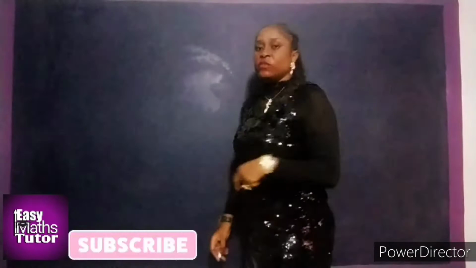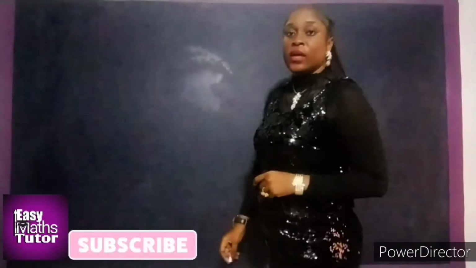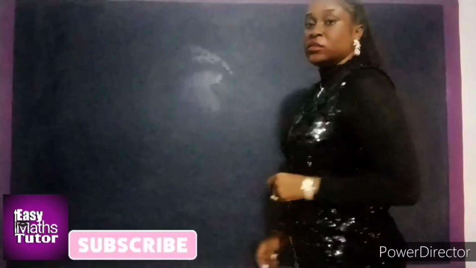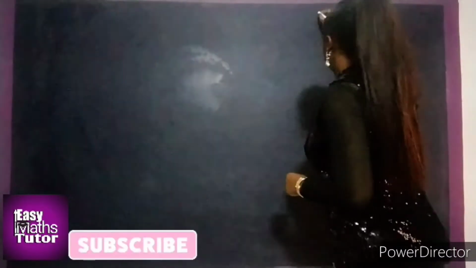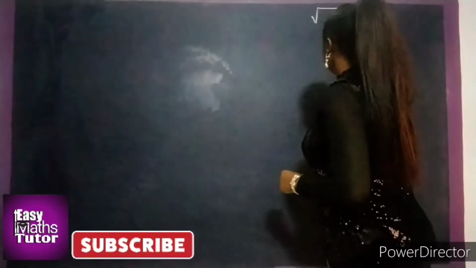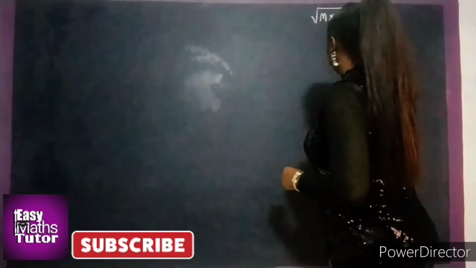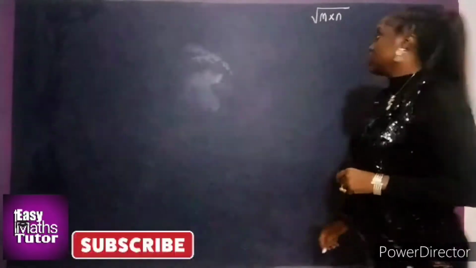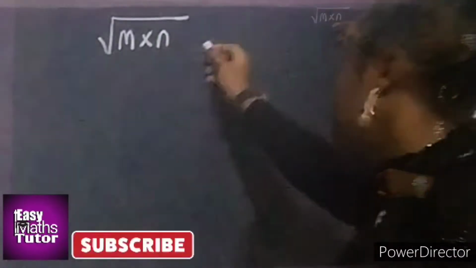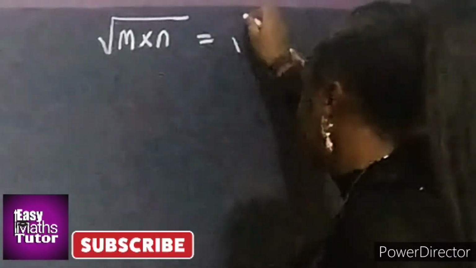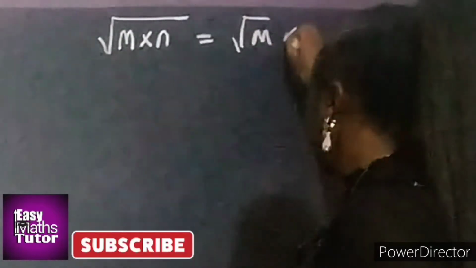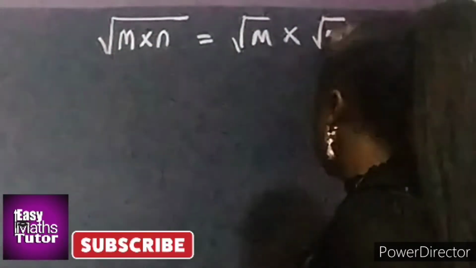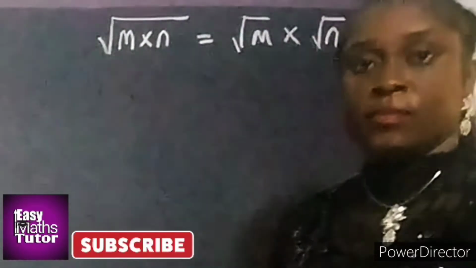Okay, so these are the basic rules that we will encounter when solving our surdic problems. Alright? So if you have the square root of a number, assume we have 2 surds, m and n, right? It's equal to m times the square root of n.